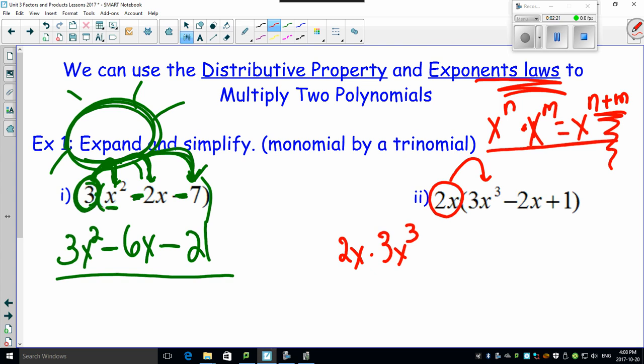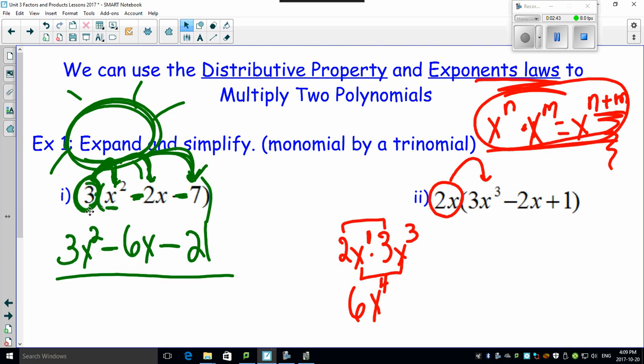So here we go. Number times a number, that gives you 6. But be careful. This x times this x cubed, remember this law, means that you have to add the exponents. So this actually has an exponent of 1 here. So x to the 1 and x to the 3 gives you x to the 4. That's what that one works out to be.